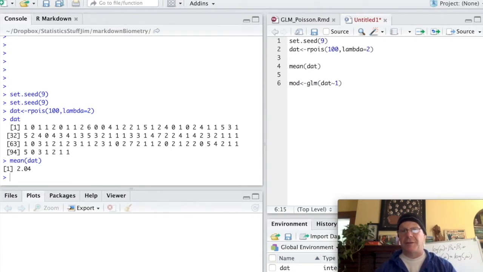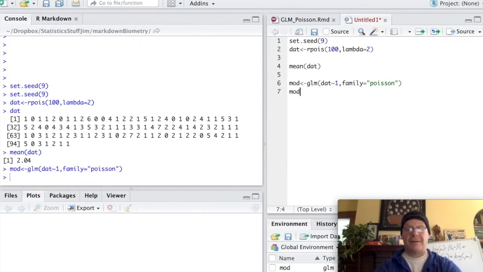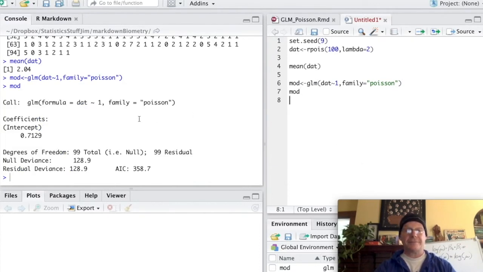Here we're going to use a generalized linear model where we're only going to estimate the intercept, and we should be able to get the same estimate that we got when we took the maximum likelihood estimate right there. And so all I have to do is tell R that I would like this to be modeled as a Poisson. So I go ahead and run that, and let's look at our model.